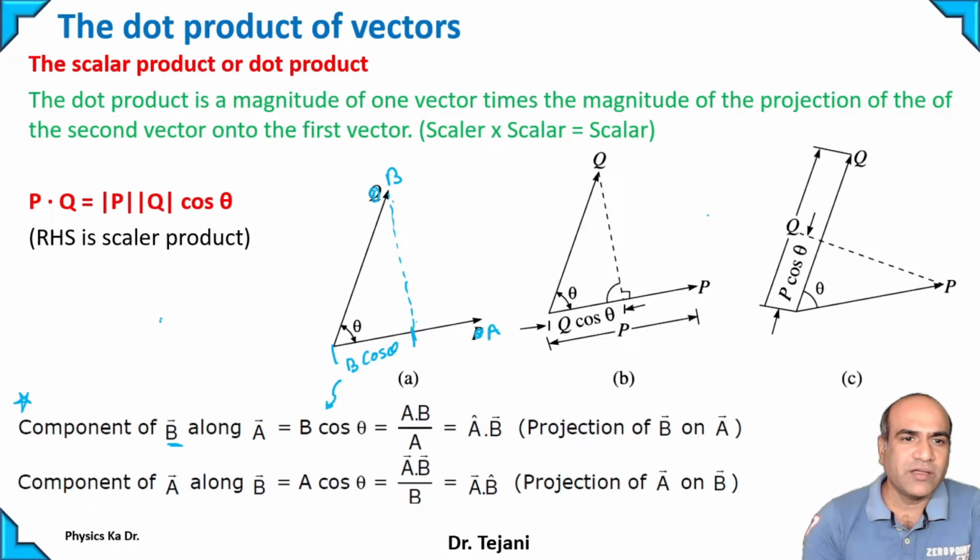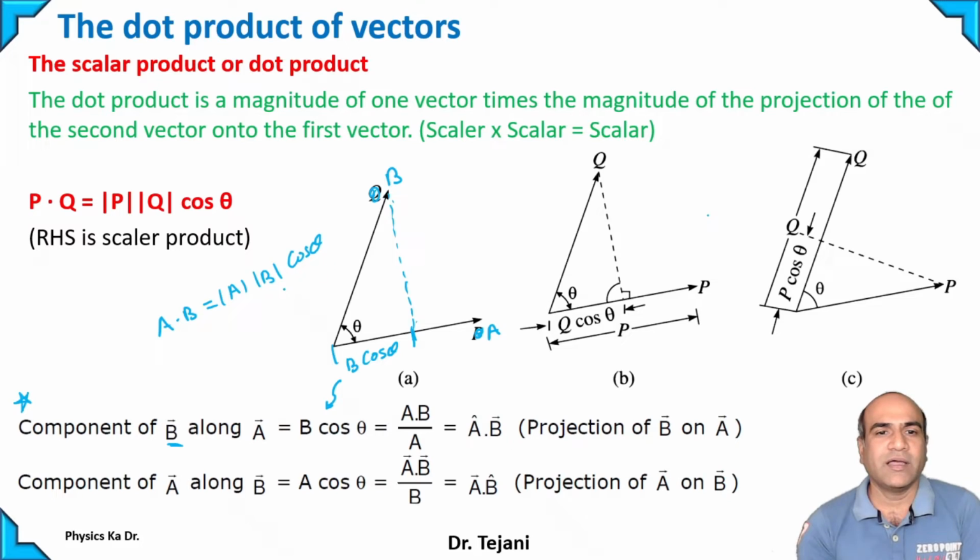Right. So we know that A dot B is equal to mod A mod B cos theta.